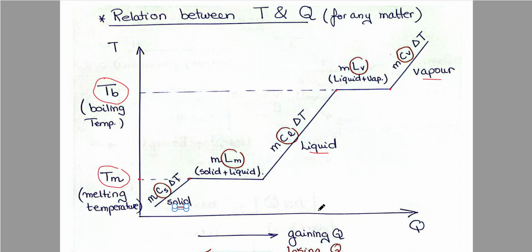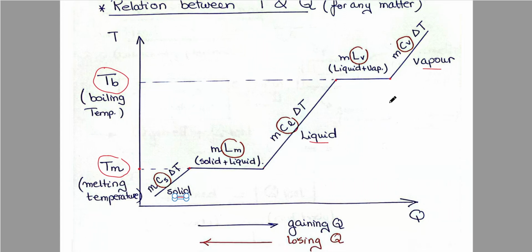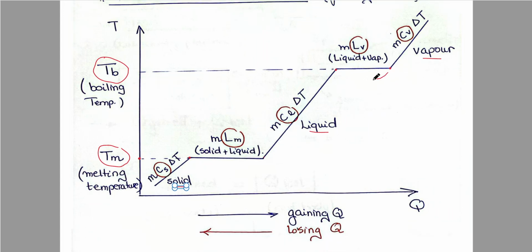Notice that this is the direction of increasing the heat energy, which means gaining heat energy. What will happen if we are losing heat energy? We will be in the opposite direction, and we said that losing heat means that the amount of heat calculated will be negative. Now, if I'm changing the matter from vapor to liquid, this amount of heat is called latent heat of condensation.